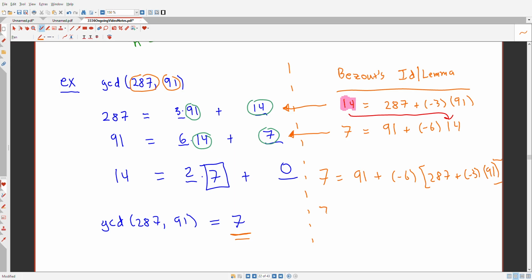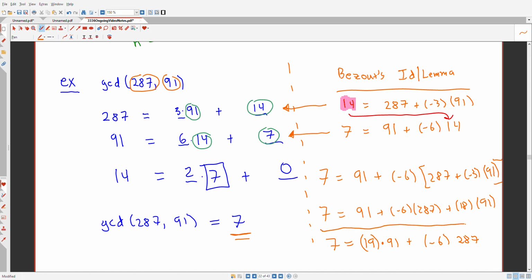And so if I sort of distribute all that mess, I'll get 91 plus a negative 6 times 287. Negative 6 and a negative 3 is a plus 18 times 91. And if I combine all my 91s, look what this resulted. I have 19 times 91 plus negative 6 times 287.